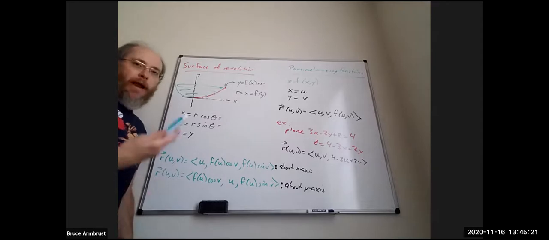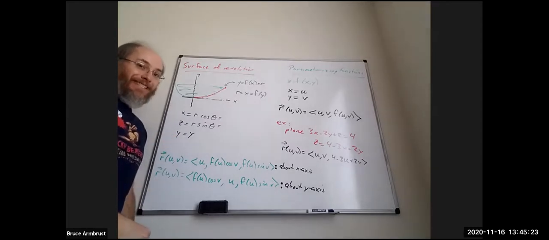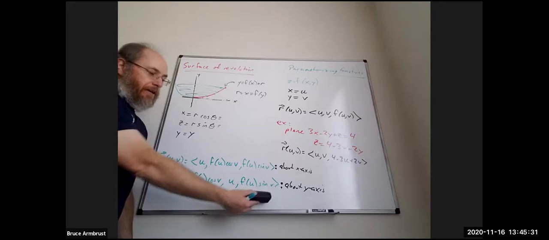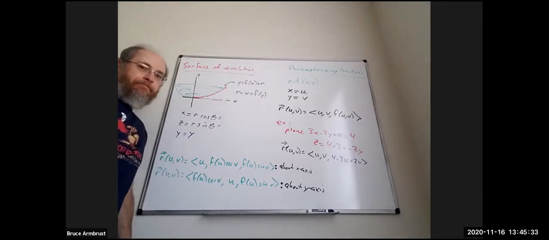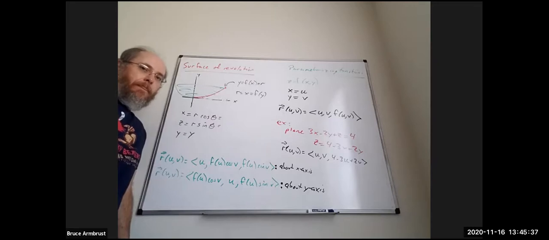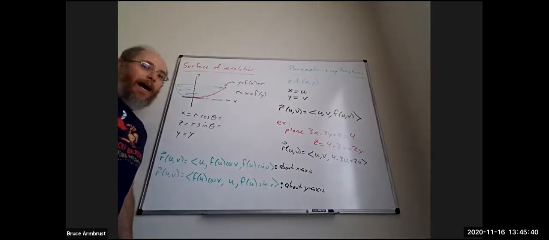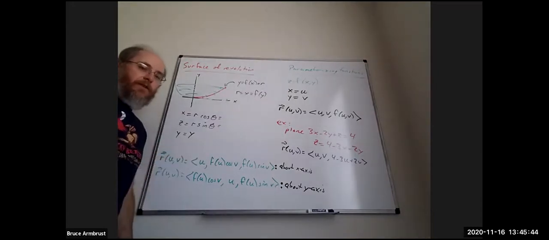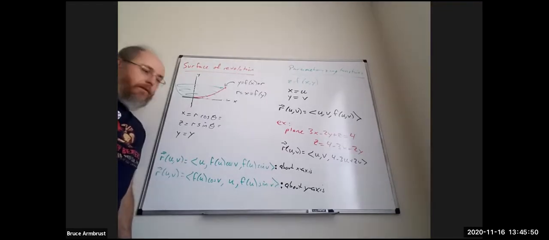All right, well, we have one more axis to do. It would be about the z-axis, but I think you can see what's going to happen. Now the z is going to be our u, because the z is allowed to change freely. And then the x's and the y's are going to form our circle because we have cross sections that are circular, and those cross sections are in the xy plane.